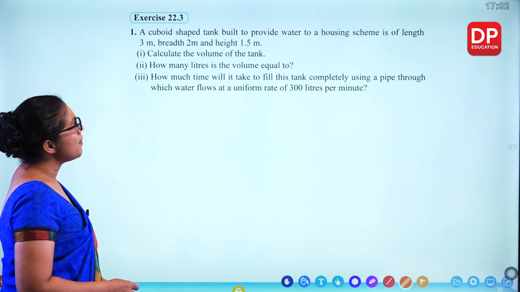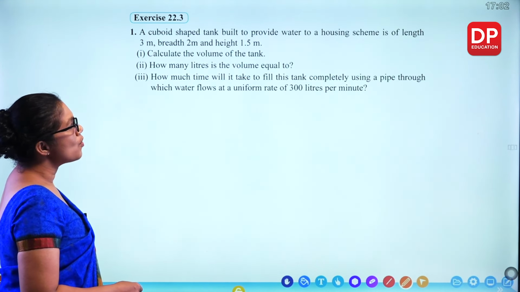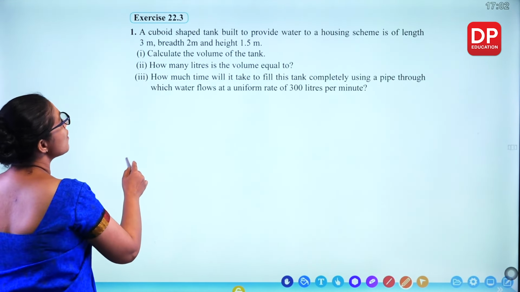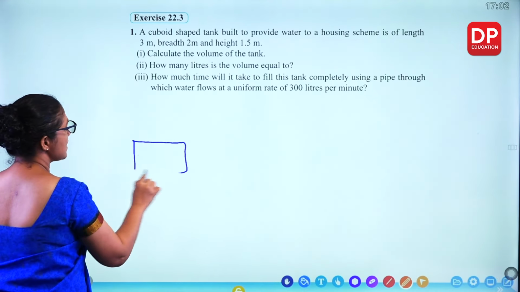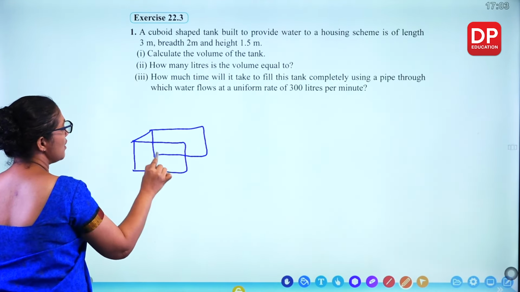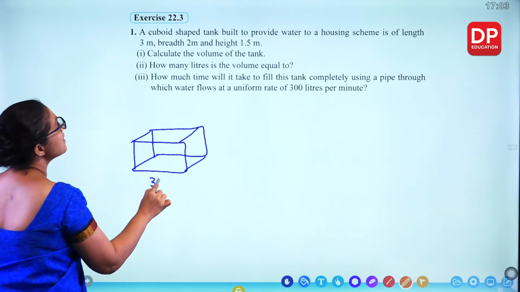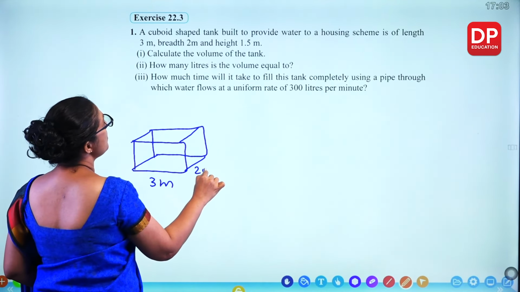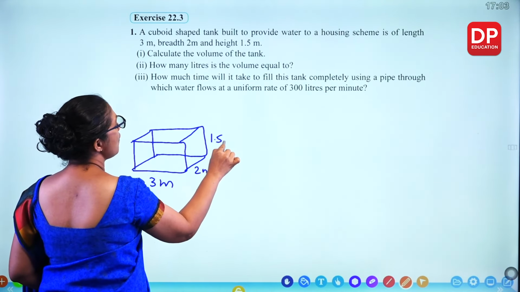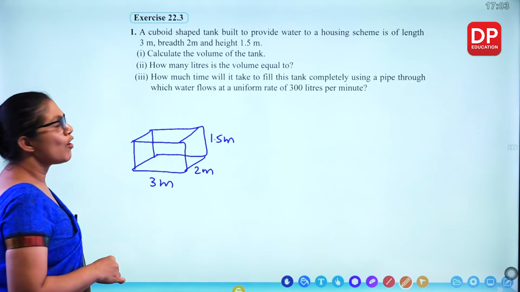A cuboid-shaped tank built to provide water to a housing scheme is of length 3 meters. So we'll mark it. 3 meters length, breadth is 2 meters and height is 1.5 meters. Calculate the volume of the tank.